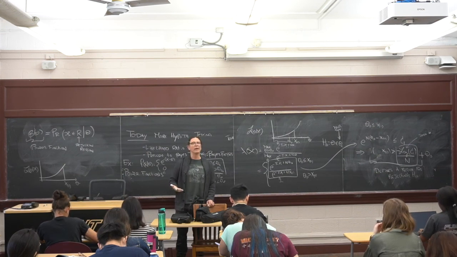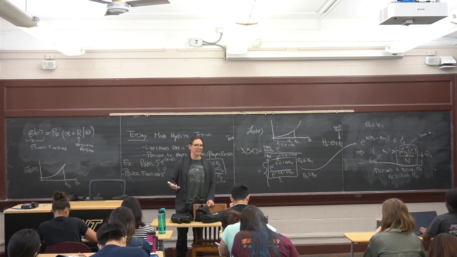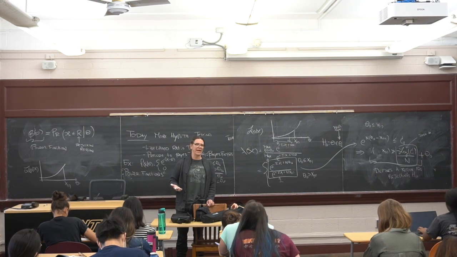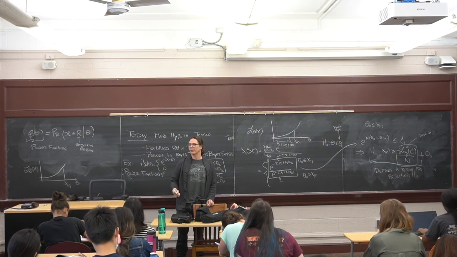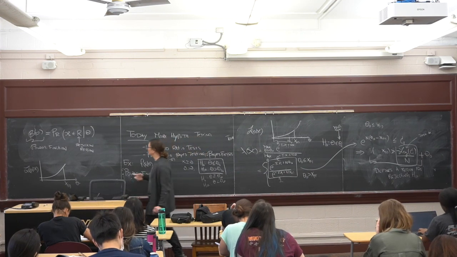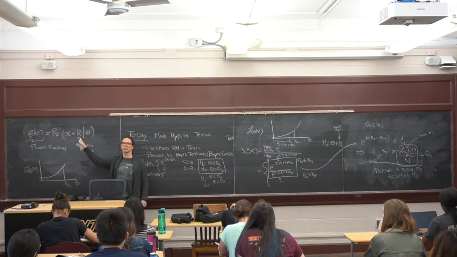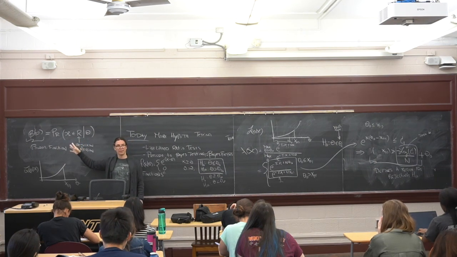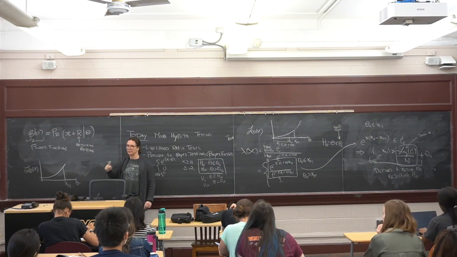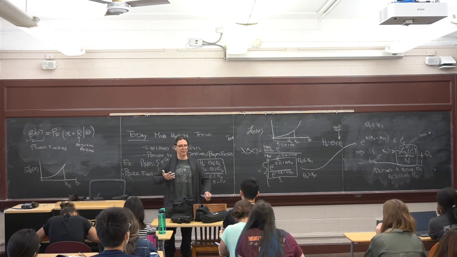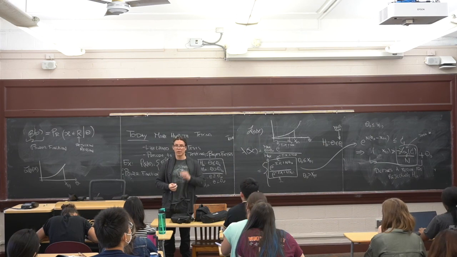We don't want to reject if theta is in the null set, because that's what's true. If theta is in the alternative set, we want to reject. So we want this to be small when theta is in the null set, and we want this to be large when theta is in the alternative set. So those are the two goals, and it's a balancing act.